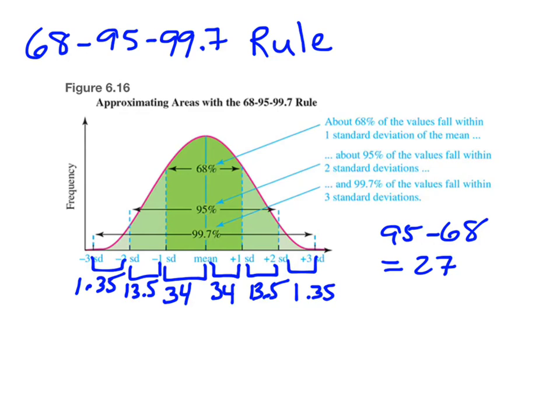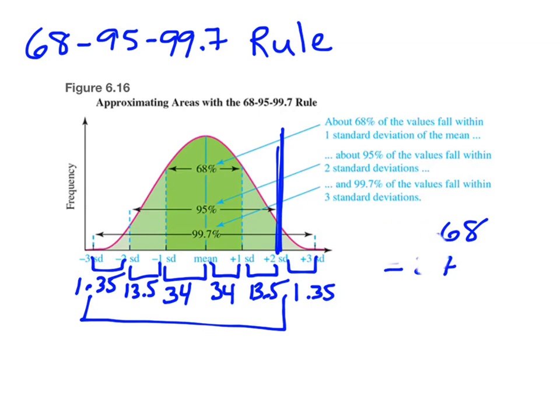So let's say we wanted to know what percent of the data was below this point. Well, then that would be all but 1.35% of the data from here to here. But then we also have to take into account how much of the data would be more than 3 standard deviations away from the mean.